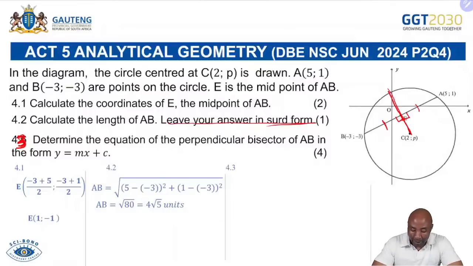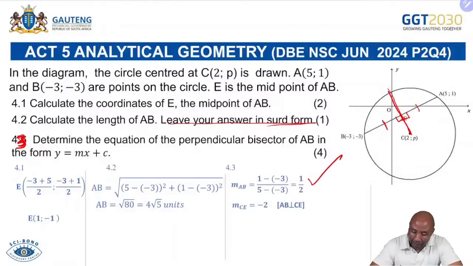Now, looking at that, what comes into our mind? We are able to get the gradient of AB, and we should use the gradient of AB to help us deduce the gradient of CE, which is our perpendicular bisector. So with that being said, we get the gradient of AB as half. We then deduce the gradient of CE as -2 because AB is perpendicular to CE.